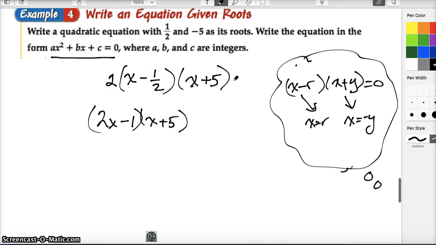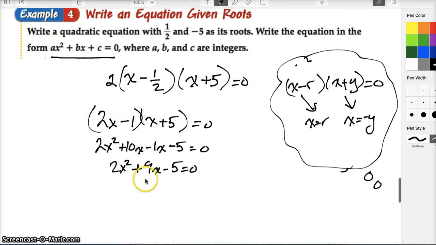Remember, I'm building this equation so it can be whatever I want it to be, as long as the roots are 1/2 and negative 5. And so now I've set up a situation where, remember before, if I didn't have this 2 here, this 1/2 would be all over the place, and I know a, b, and c would not be integers. So now I've got that taken care of. When I FOIL this, I get the following answer: 2x squared plus 9x minus 5 is equal to 0.